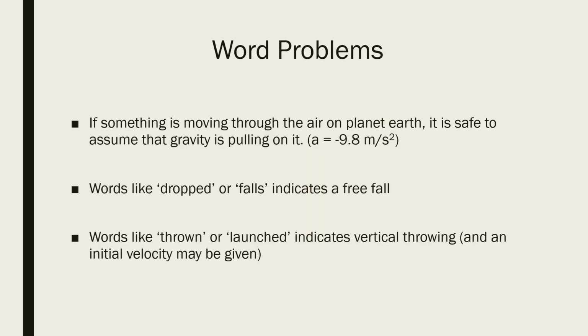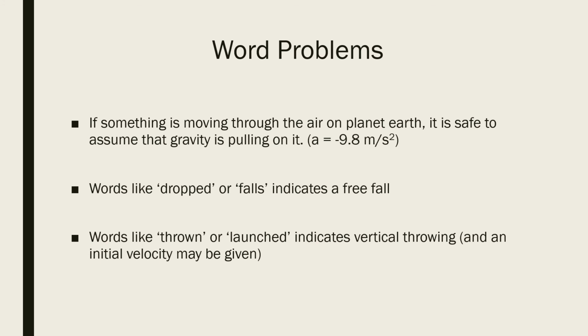Word problems. Something that is always a good deal of fun, but let's see if we can make sense of this. If something is moving through the air on planet Earth, it's safe to assume that gravity is pulling on it. Gravity, of course, is negative 9.8 meters per second squared.